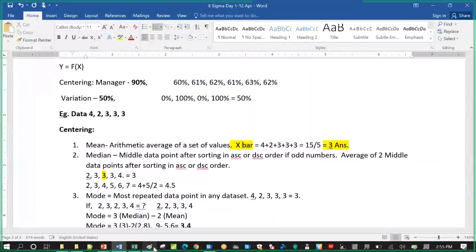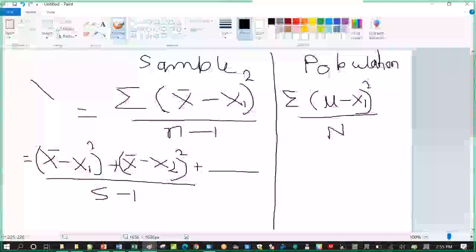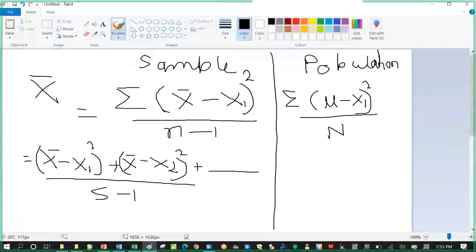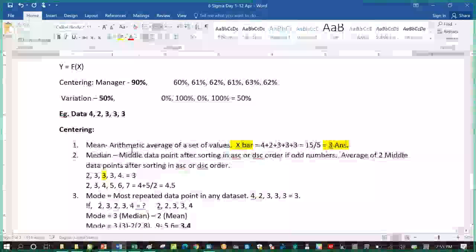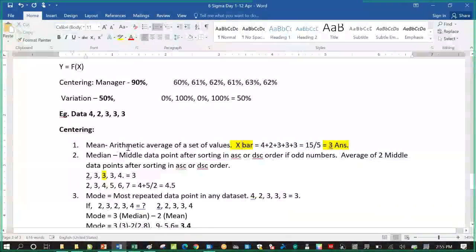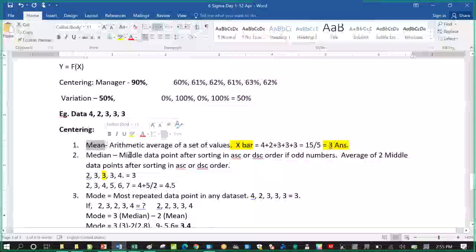You put a bar over the x, like this. You getting it? Can you repeat? X bar basically means mean. So when you say mean, rather than writing mean, you can write x bar.